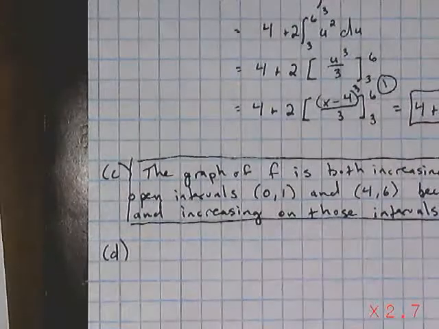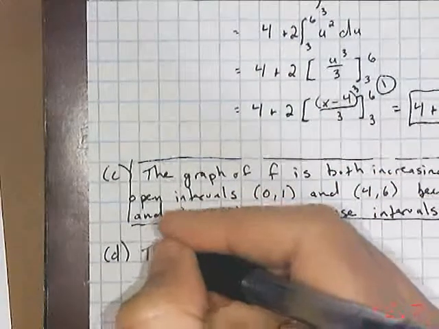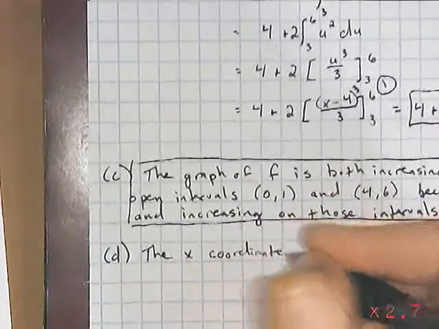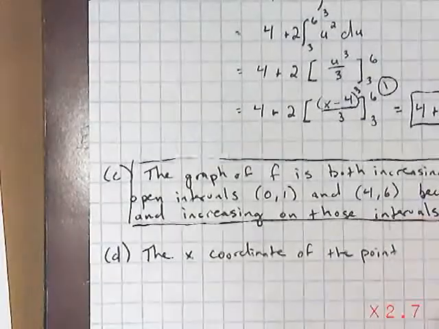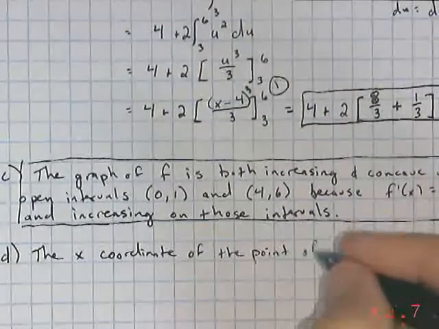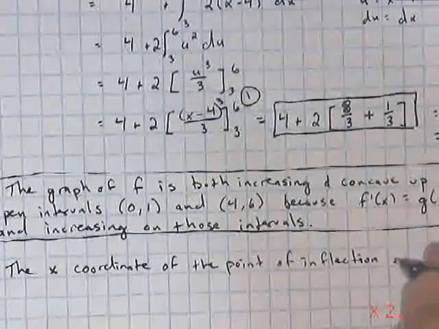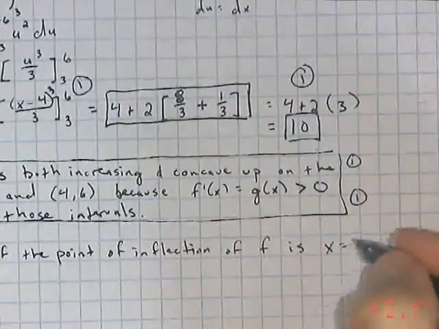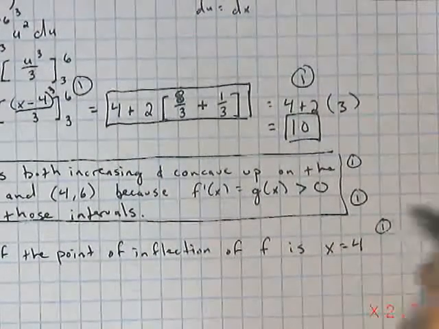Okay, so D, we can say the x-coordinate of the point of inflection of f is x equals 4. You get a point for identifying that. And then the second point comes from the justification.